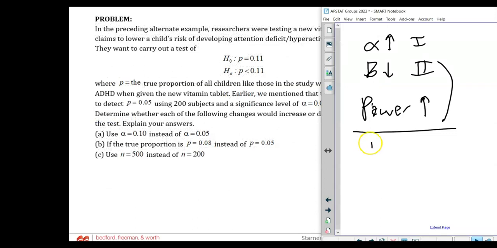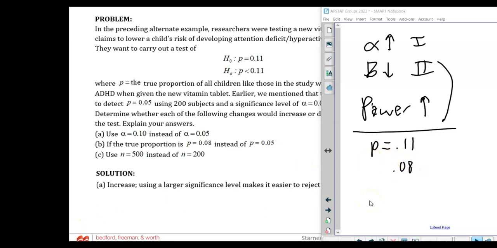The null is P equals 0.11. If the true proportion is P equals 0.08 instead of 0.05.